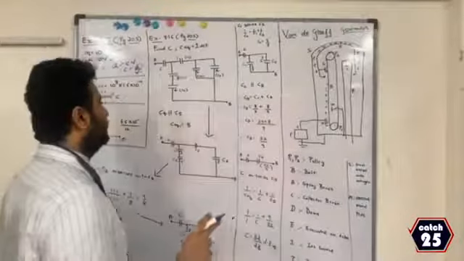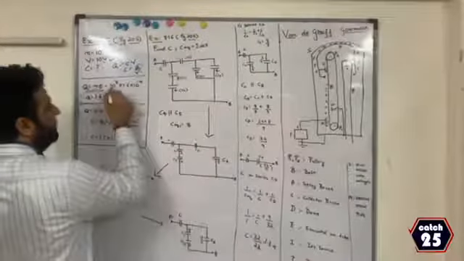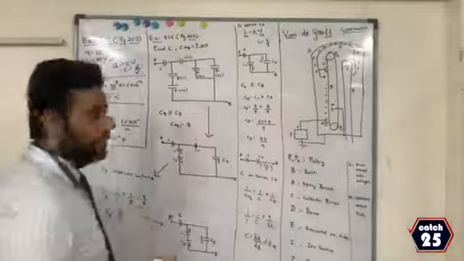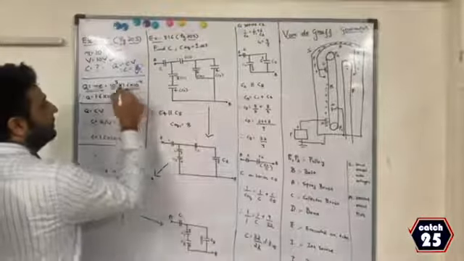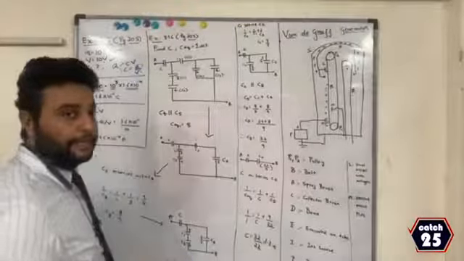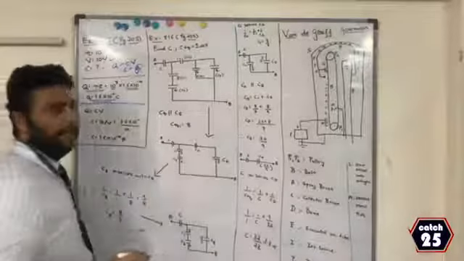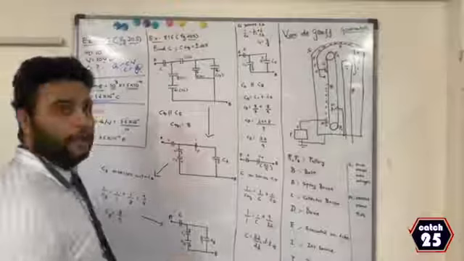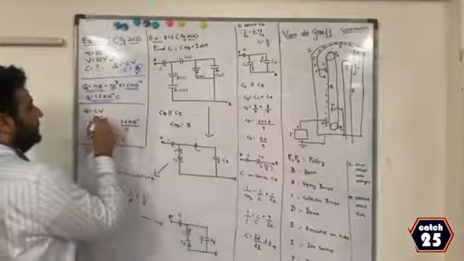Therefore, if I use the basic formula for charge, Q is equal to NE. N is the number of electrons, 10 power 8, and E is the charge of each electron, which is 1.6 into 10 power minus 19. If I substitute, I will get the charge as 1.6 into 10 power minus 11 coulomb. Once I get the charge, it is pretty much straightforward.